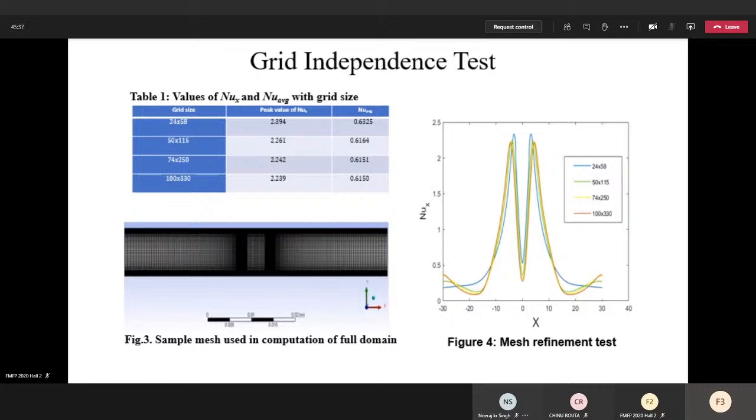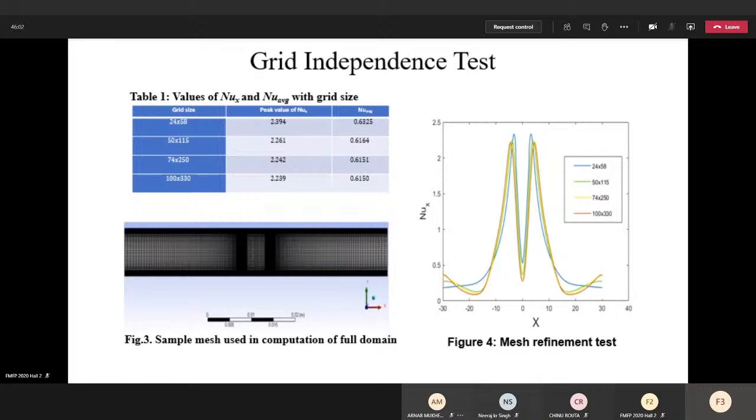Four refinement levels were selected for the grid independence test. For all cases of refinement, the variation of local Nusselt number curve along its axial length is computed and plotted in figure 4. And peak value of local Nusselt number and average Nusselt number are tabulated in table 1.